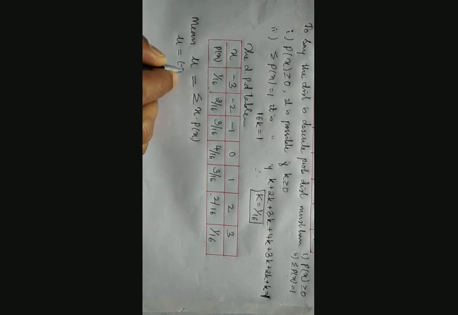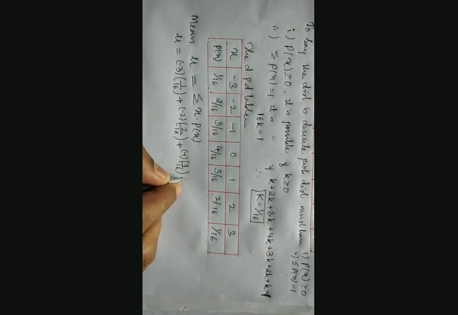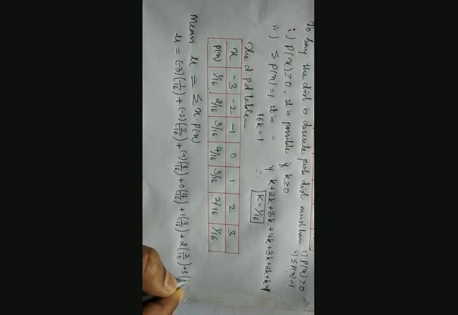So it is minus 3 into 1 divided by 16 plus minus 2 into 2 divided by 16 plus minus 1 into 3 divided by 16 plus 0 into 4 by 16 plus 1 into 3 by 16 plus 2 into 2 by 16 plus 3 into 1 by 16.